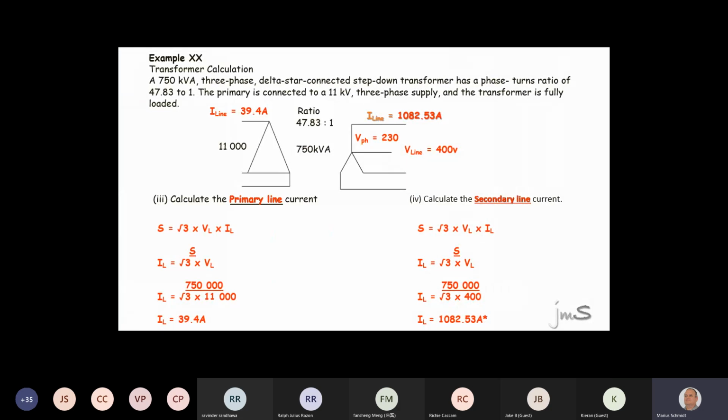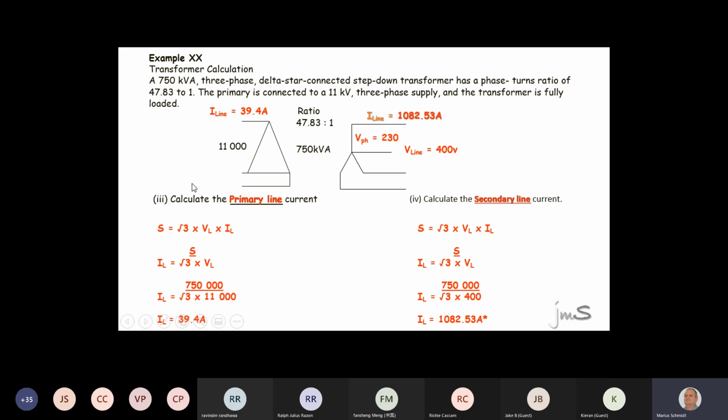Now guys, the sad news is, this is all they can ask you on transformers: voltage primary, voltage secondary. In the worst case, if they don't give you the kVA, then they have to give you the current and the voltage. Now do me a favor. Take your calculators and type in the following. I'm going to go to the primary side.